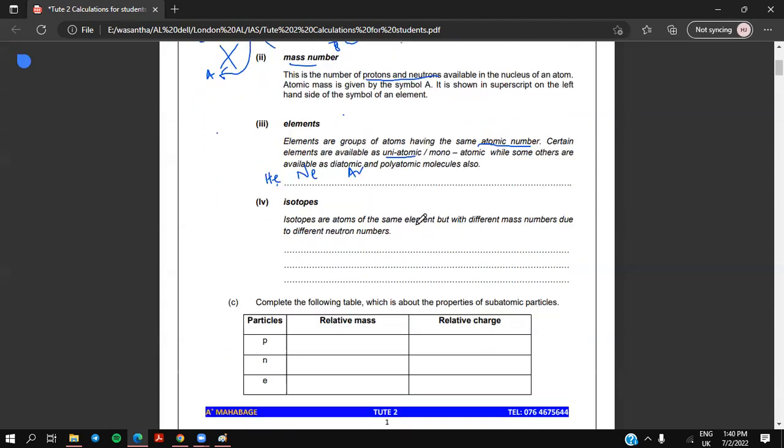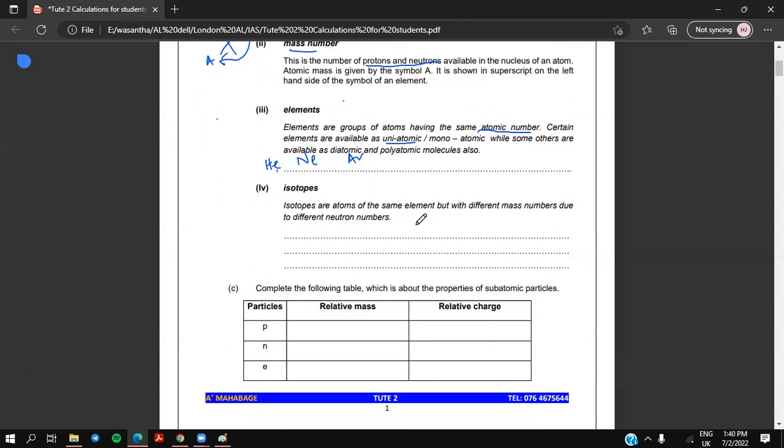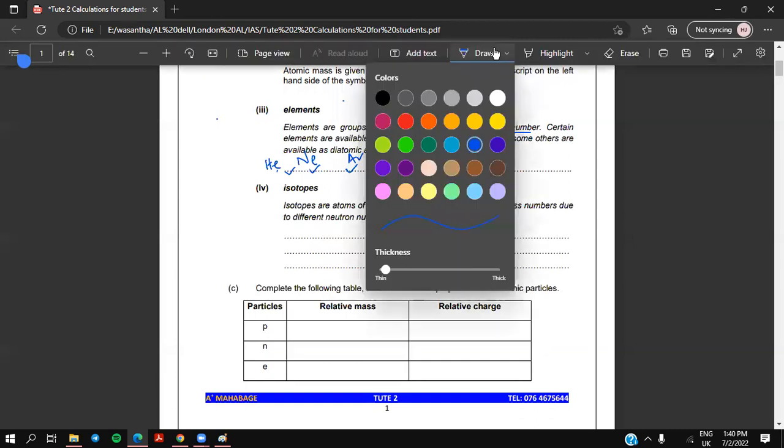Shall we talk about the meaning of elements again? Elements are groups of atoms having the same atomic number. Certain elements are available as uniatomic. Helium, neon, argon, they are uniatomic.